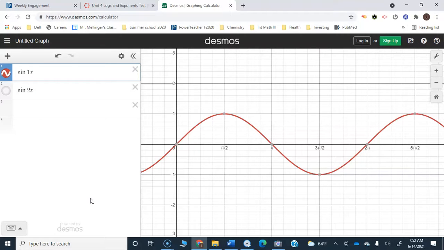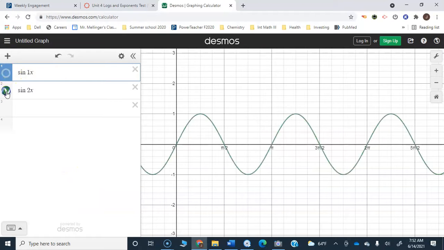So let's look at what 2x does. Let's turn this one off and turn on the 2x. Now look at this. You start at 0, you come up, you come down, and you come back up, and at pi you're at one cycle. You come up, you come down, and you come back up. At 2 pi you're at 2 cycles. So the way to interpret these numbers in front of the x is it's telling you how many cycles the wave is going to make between 0 and 2 pi.